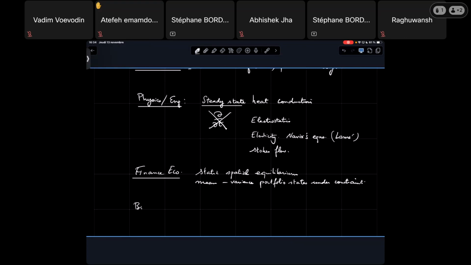So in biomedical engineering, you have anything that has to do with what? With diffusion tensors reconstruction for MRI, for example. So diffusion tensor reconstruction, this is an elliptic PDE inversion.